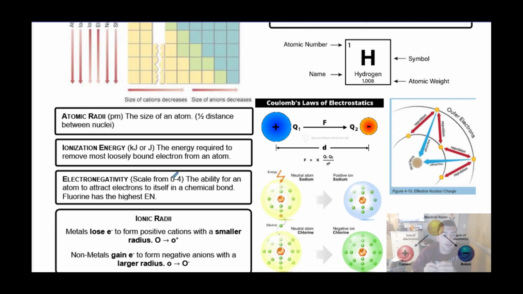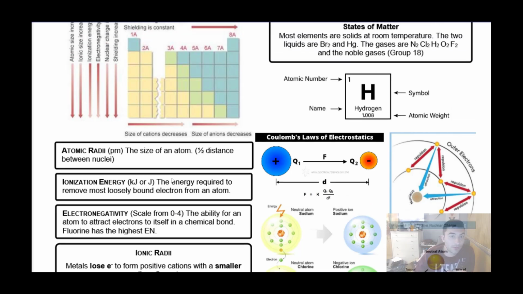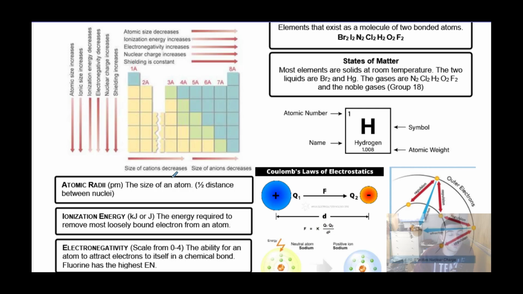Electronegativity is not measured in a specific unit. It's just a ranking. We have a scale of from 0 to 4 that describes the ability for an atom to attract electrons to itself in a chemical bond. Fluorine is designated with the highest electronegativity of 4, and then all the other elements are ranked based on fluorine.